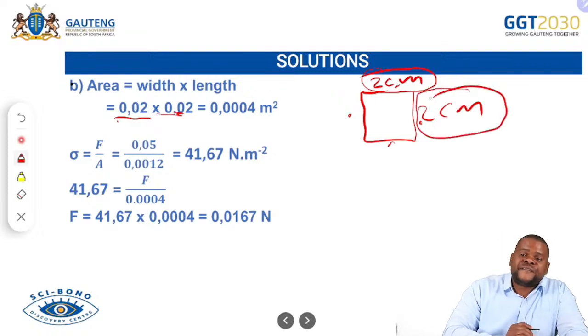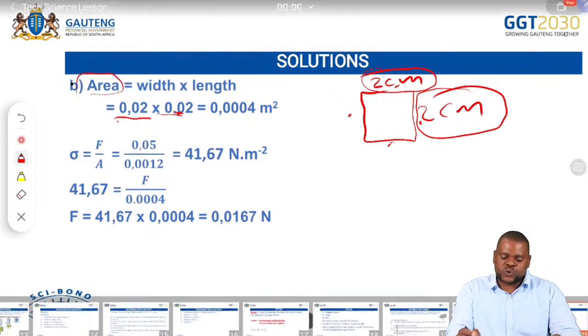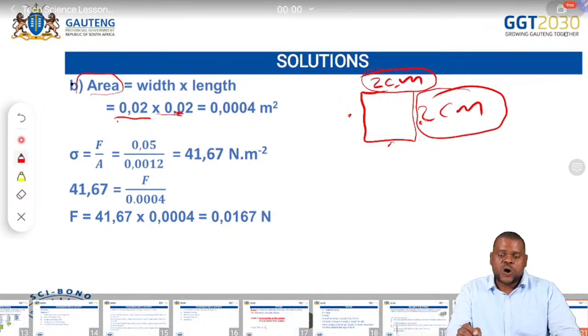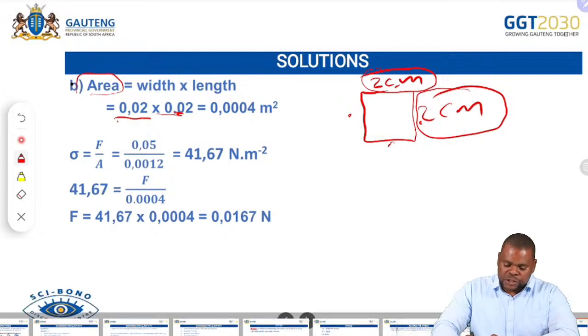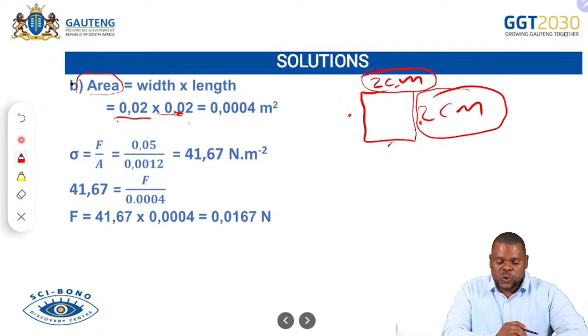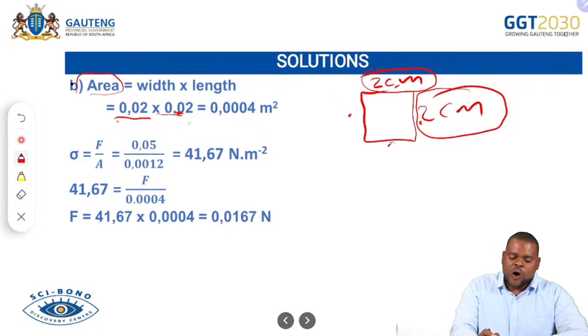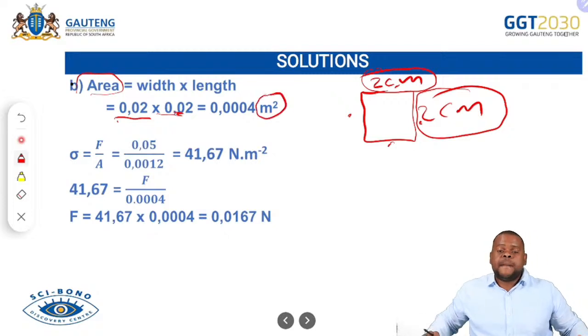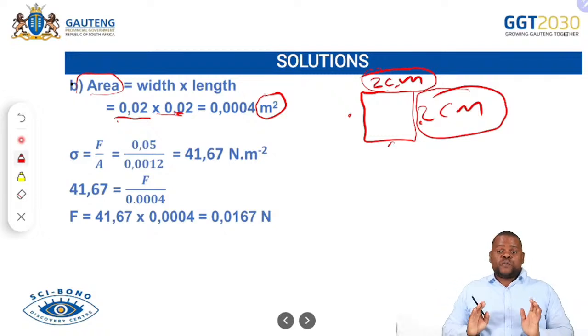And that gives us the area when we multiply them. It will be the same as calculating the area. Then we found that 0.02 multiplied by 0.02 gives us 0.0004 meter squared. Remember, the unit for area is meter squared. Don't forget to put the units.